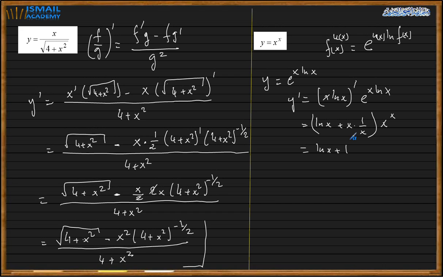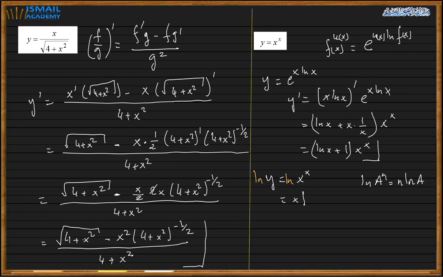If I want to use ln, so I have y equal x to the x, so I use the property of ln. We move the exponent down, so it's going to be x ln of x. So here it becomes ln of y.